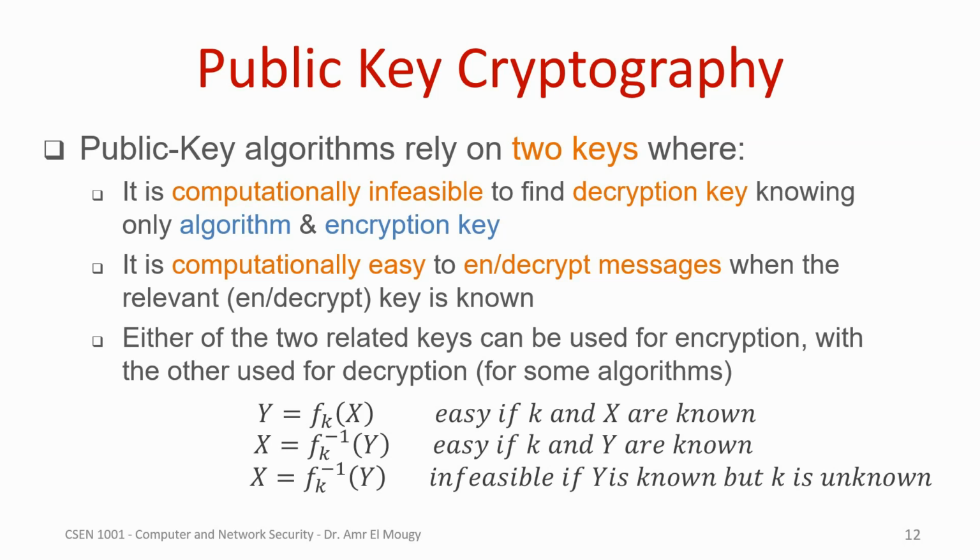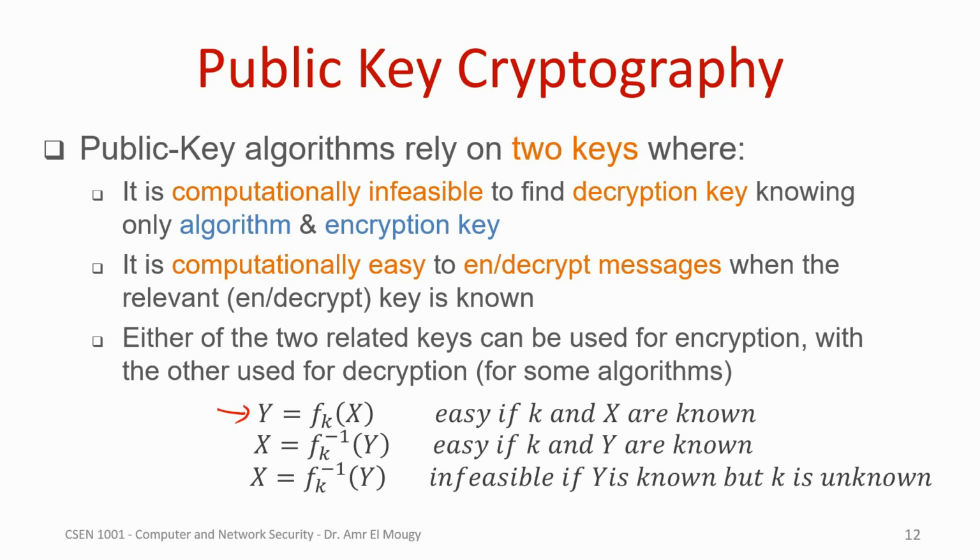The other requirement is that it should be easy to encrypt and decrypt if you know the correct keys. But it should be computationally difficult to break the algorithm if you do not know the right key. So y equals f of k, f of x given the key k, is easy if k and x are known. This is actually encryption.